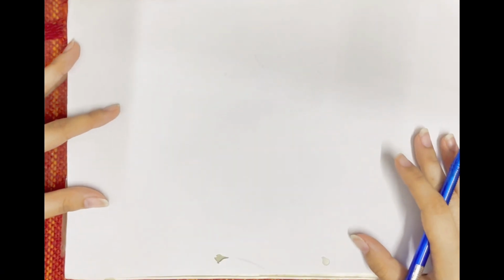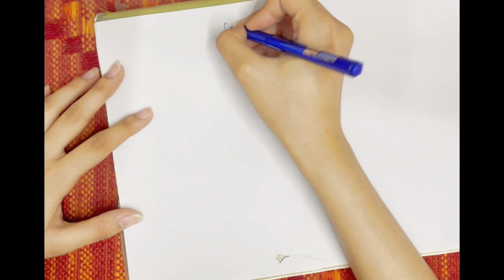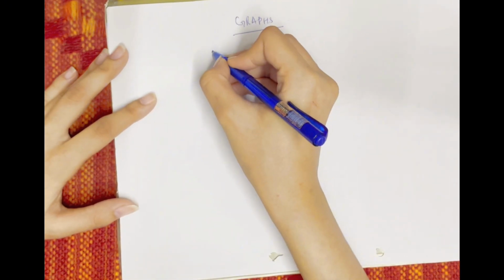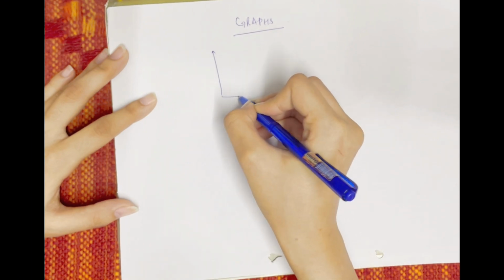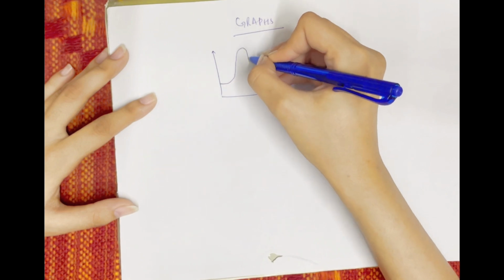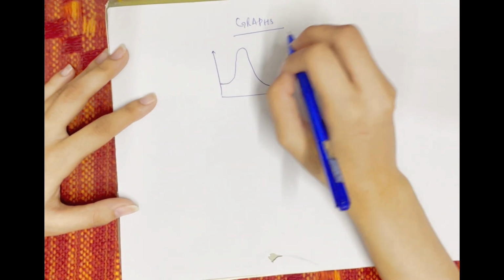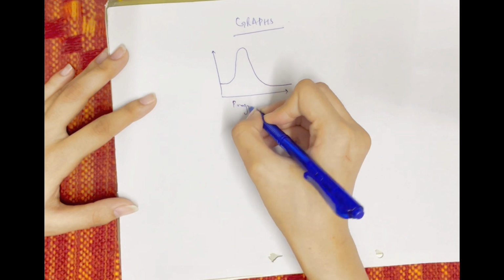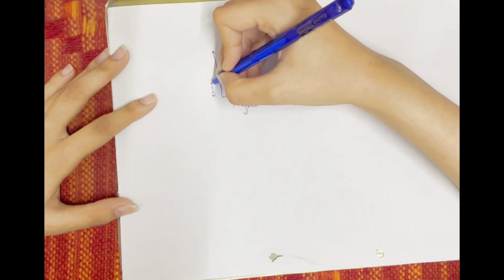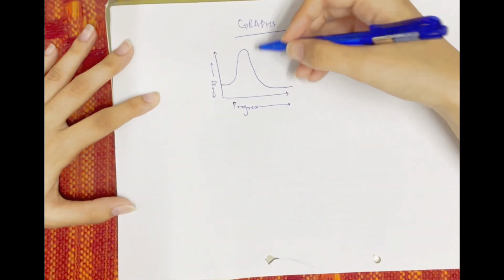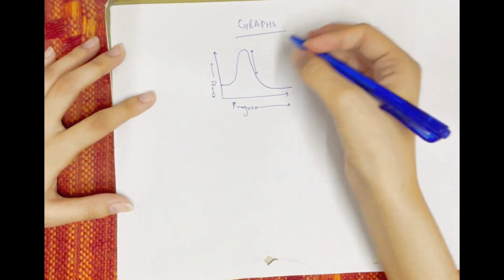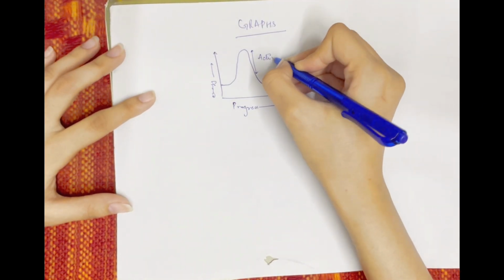Let me explain with the help of some graphs. All right, we're going to discuss graphs in detail. For example, we have this kind of graph that has a large curve. This side of the graph shows us the progress of a reaction, and this side shows us the energy. What does this huge curve show us? This shows us the activation energy.